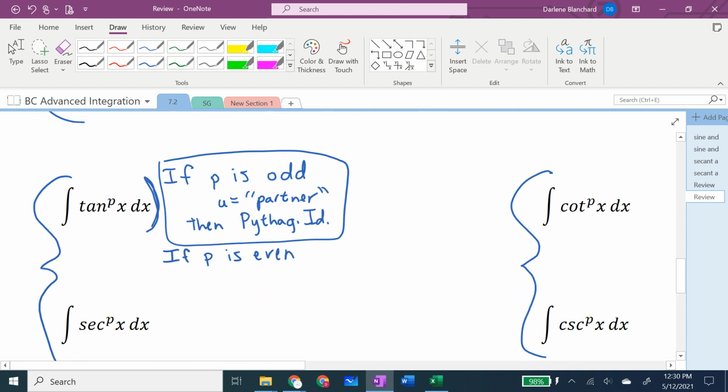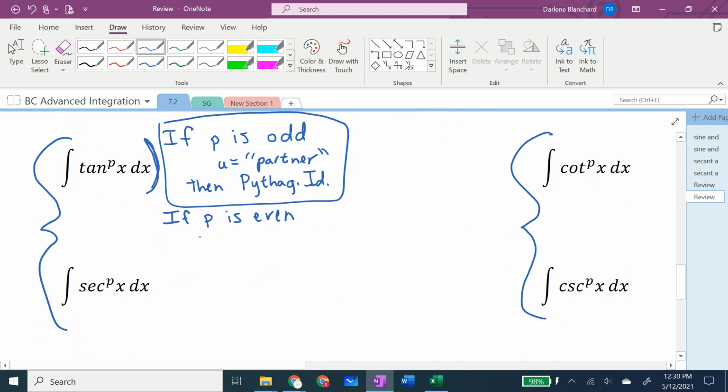You're going to first bring in a trig identity. Do you remember which trig identity you need to use for this situation? You need to replace tangent squared with the Pythagorean identity, secant squared minus 1.